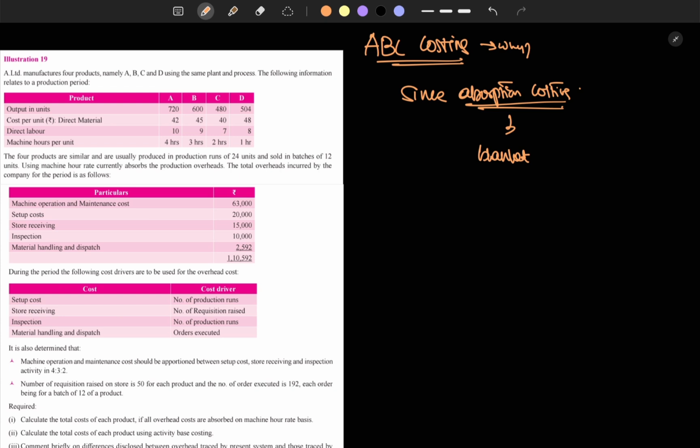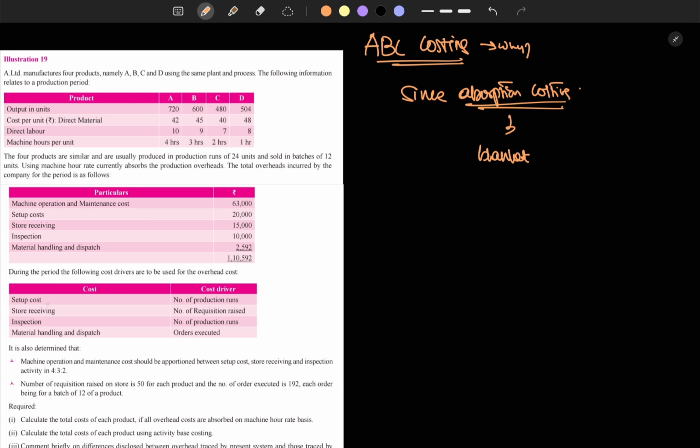This calculates the overheads per unit or at the entire product level, which is actually the departmental level. They are calculating the departmental overhead rate. But ABC costing takes the activity as a resource, as a cost driver, or as a cost pool, which accumulates the cost in it.